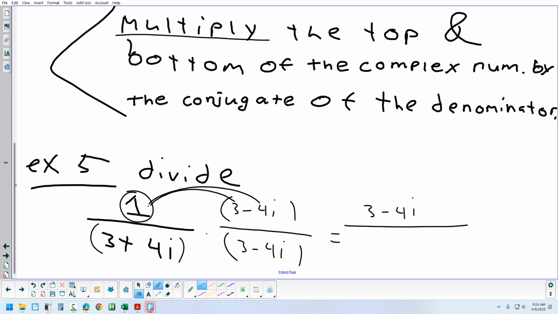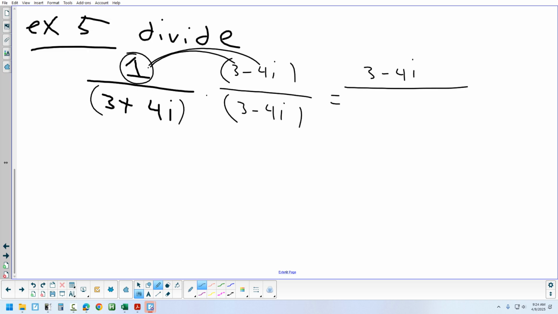Now let's do the bottom. First thing we have to do is 3 times 3, which gives me 9. Now watch what's going to happen here. I told you all the i's are going to go away, because that's how you do division. What's 3 times negative 4i?